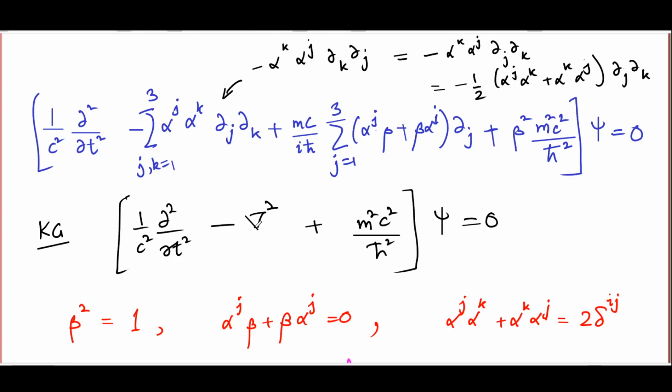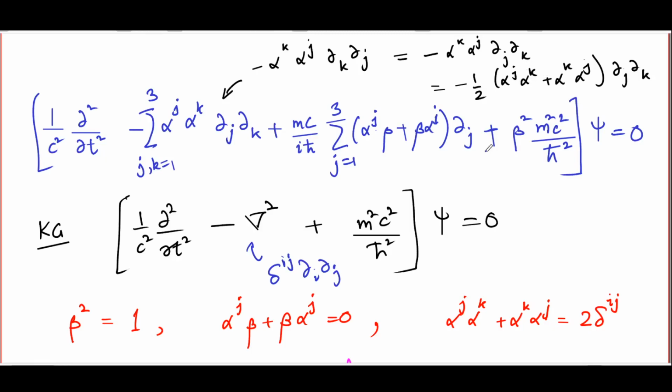What you have in the Laplacian on the other hand is actually δ_ij ∂_i ∂_j. Remember, only diagonal terms ∂²/∂x², ∂²/∂y² and ∂²/∂z², or of course you could just as well write this with i and j instead of j and k.